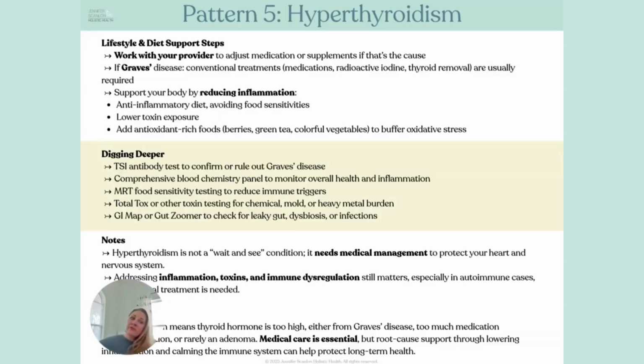So overall, hyperthyroidism means that your thyroid hormone levels are too high, either from Graves' disease, which is autoimmune, or from too much meds or too much supplements, or possibly a thyroid adenoma. Medical care is essential. Root cause support can help by lowering inflammation and calming the immune system.